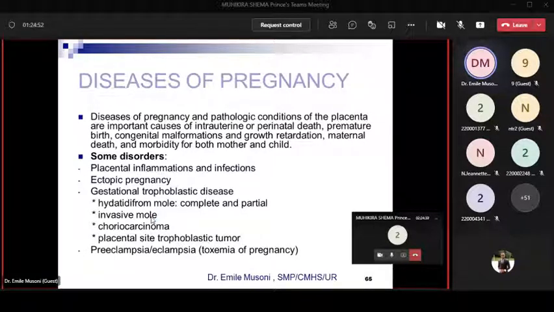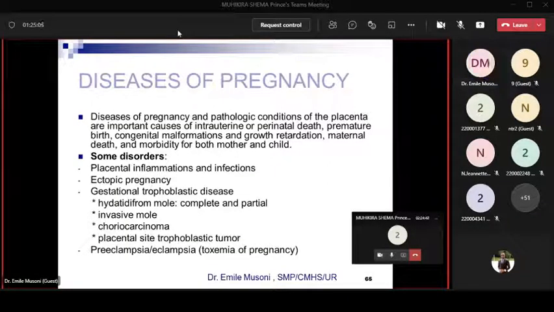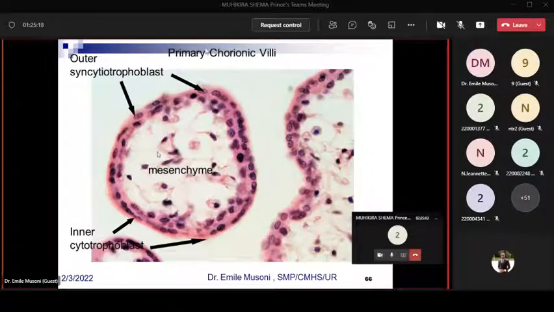But what you must know is that for invasive mole or choriocarcinoma, there is an increase of the hormone beta hCG, human chorionic gonadotropic hormone. It is increased, and most of the time there is avascular chorionic villi.